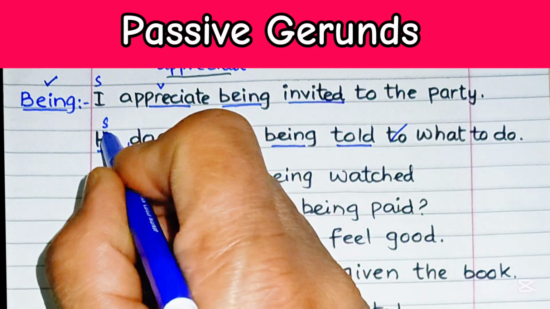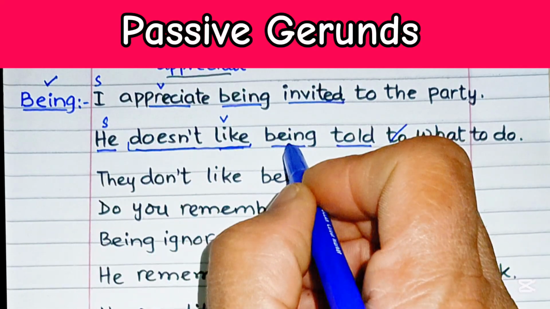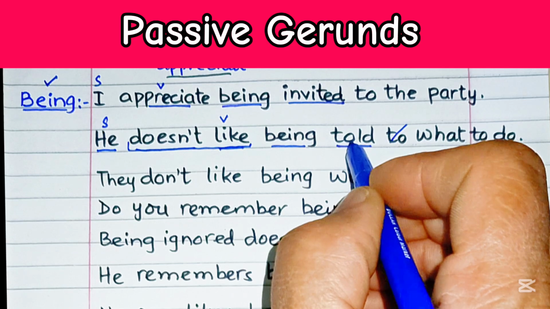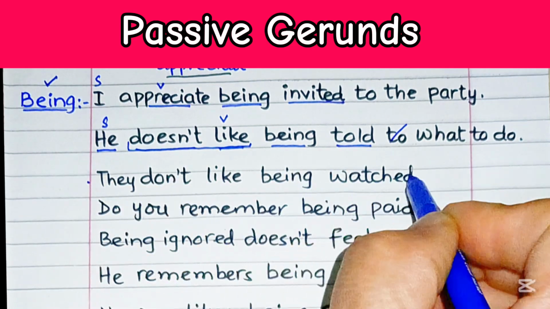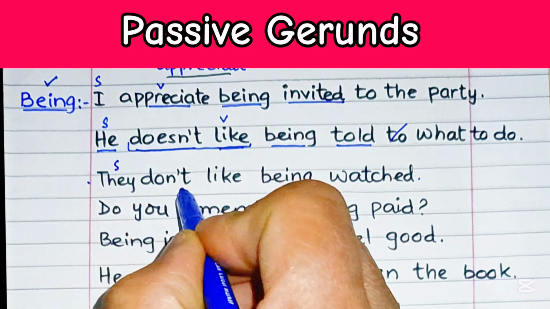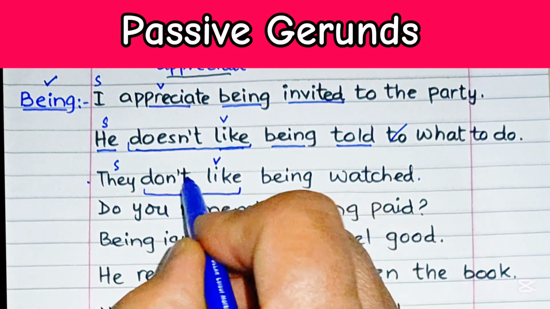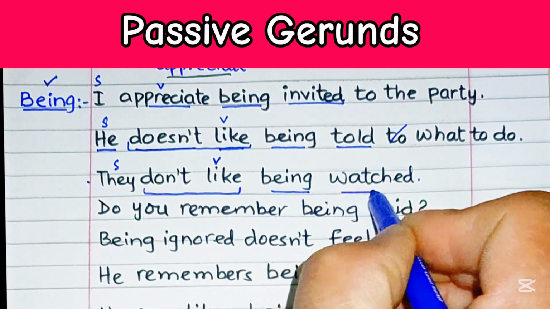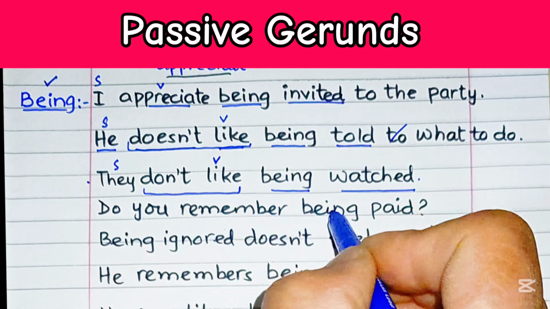So this is the subject, and then this is the verb like out of this list, and then the structure being, and then the past participle told. Look at this example. They don't like being watched. So this is the subject, and then the verb phrase don't like. It's negative. Then being and past participle. Do you remember being paid?